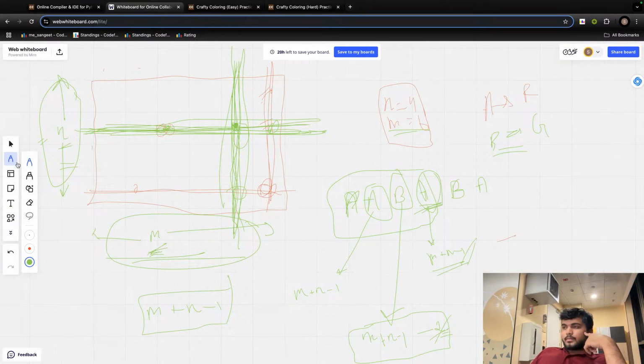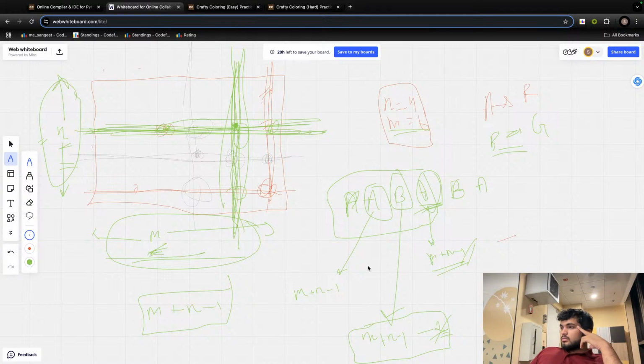For example, let's try to see again. Let's say he tried to occupy this. Okay, so this guy green occupied this, red, this got occupied by red. Okay, this got occupied by green, and this got occupied by red.